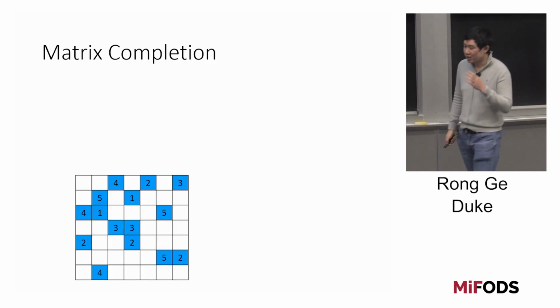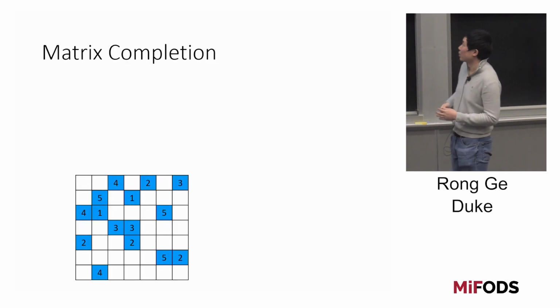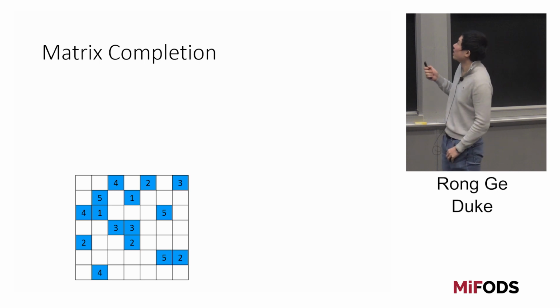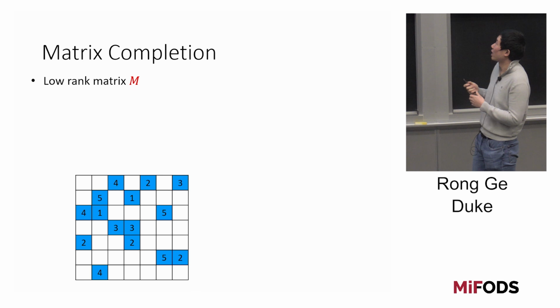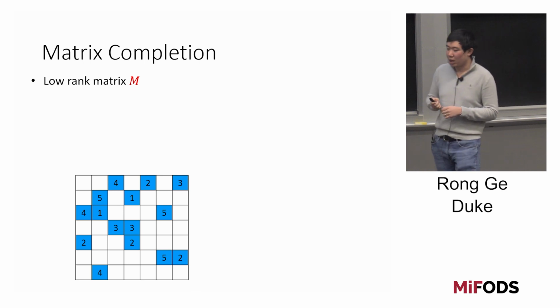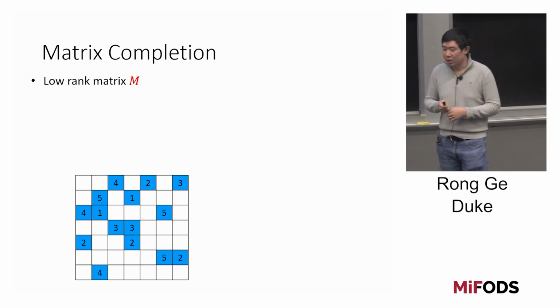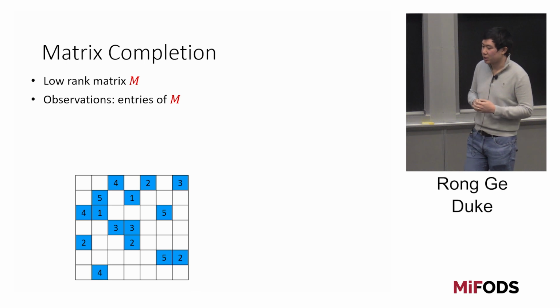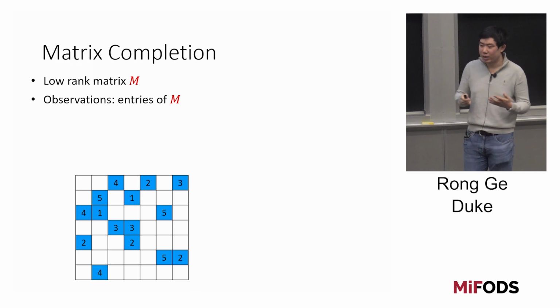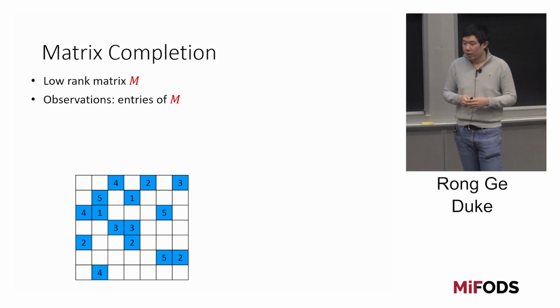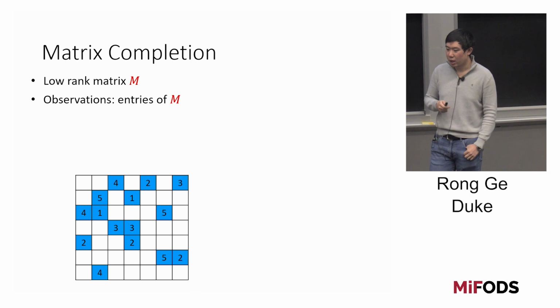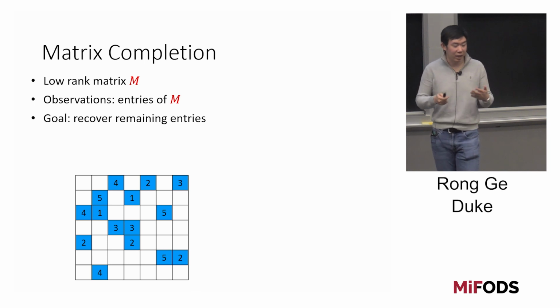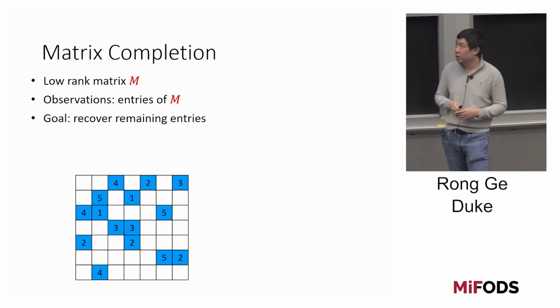So matrix completion, well, there are experts sitting here, but matrix completion, roughly speaking, the problem is you have a low-rank matrix M that you actually don't know. The only thing you know about this low-rank matrix M is that you observe some random entries of M. Based on these random observations and the fact that this matrix is low-rank, your goal is to recover the remaining entries of this low-rank matrix.